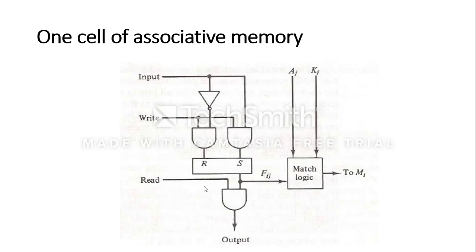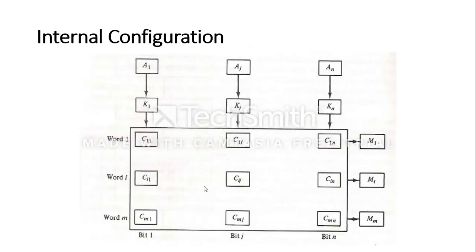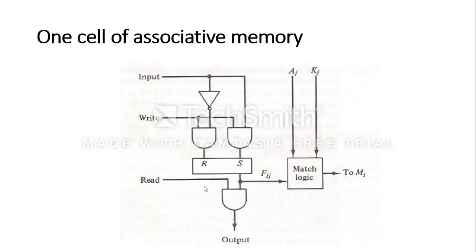Now, if we want to see the internal construction of these individual cells, then we have to recall the relationship between memory components, memory cells, and registers. For any register or any memory cell, the basic underlying component is a specific type of flip-flop. Flip-flops are the basic memory elements.